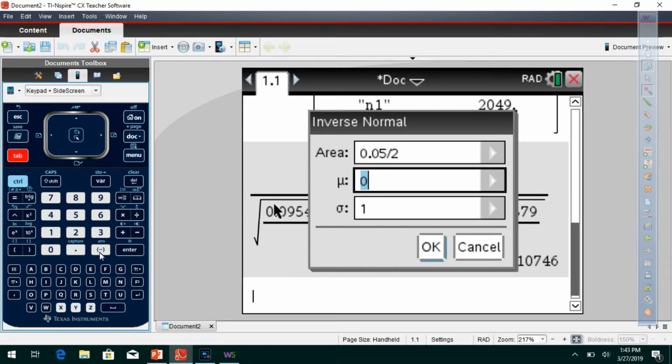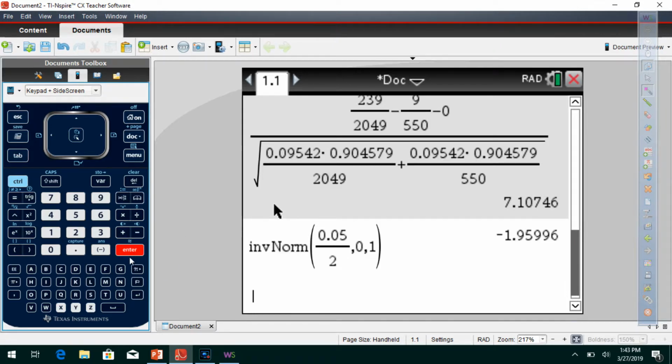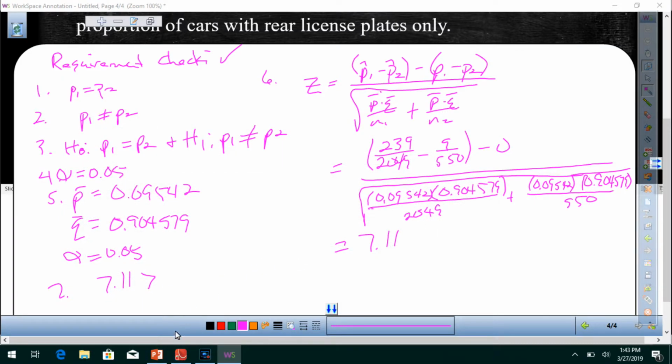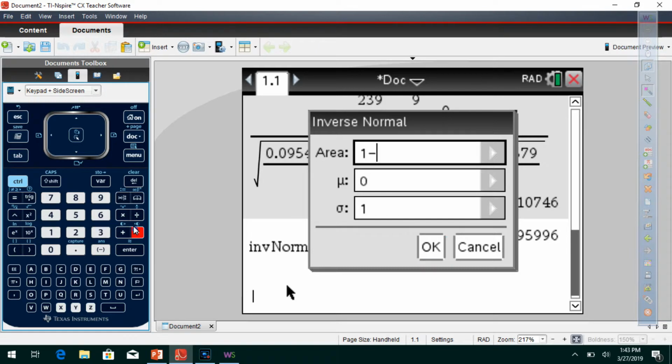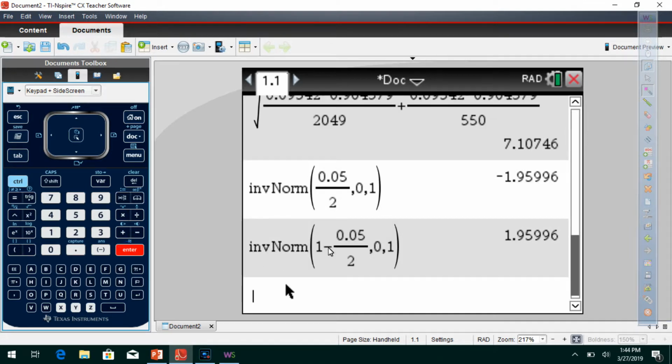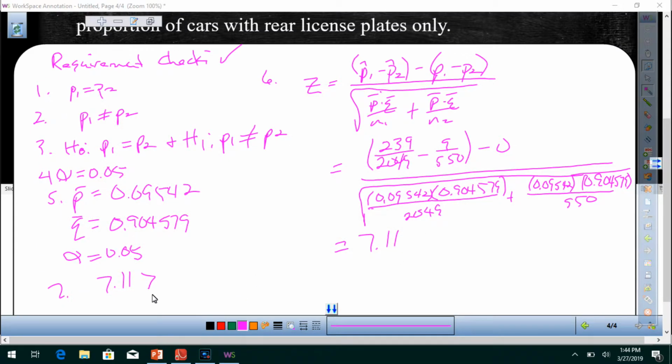And what do we got here? We got 1.96. I guess I should have done 1 minus that, but I didn't. Menu 6, 5, 3. 1 minus, then open parentheses, 0.05 divided by 2, because it's two tails, so we have to divide it up between both sides. So we got 1.96. Therefore Z equals 1.96.